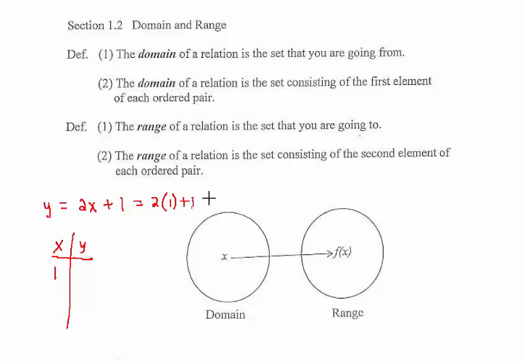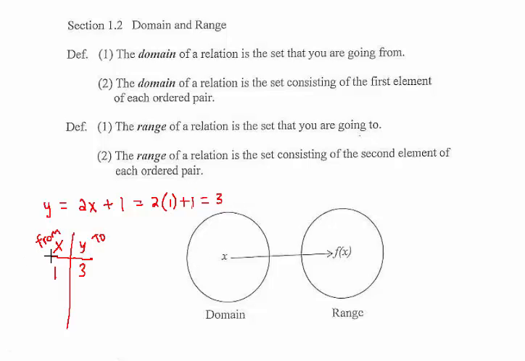In this case, if x was 1, we would get 3 for y. So 1 is assigned to 3. We're going from x to y.